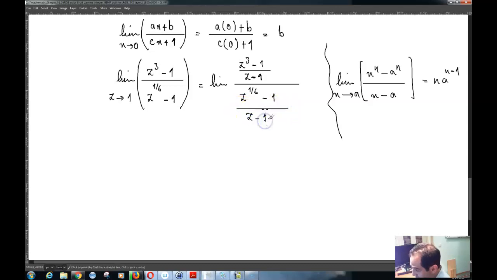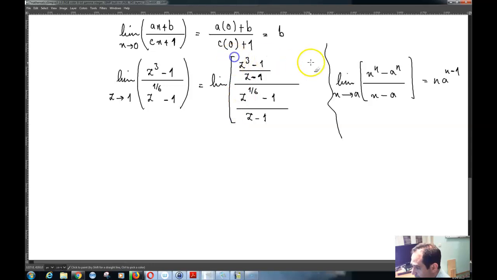So I have divided both the numerator and denominator by z − 1. So I haven't basically changed anything. I haven't changed the value of this function.